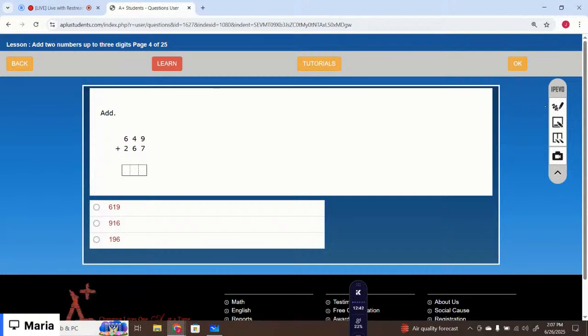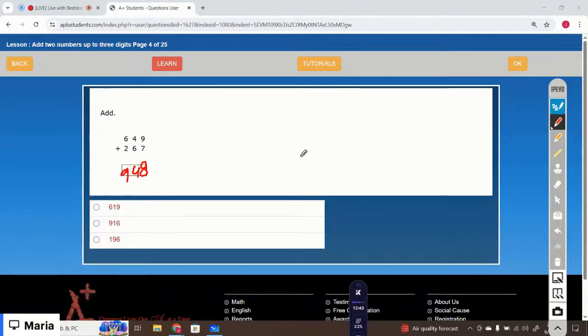649 plus 267. Start adding from the last digit, that is 9 plus 7 is 16. Write 6 and carry 1. 4 and 6 is 10, and 1 is 11. Write 1 and carry 1. 6 and 2 is 8, and 1 is 9. That is 916.